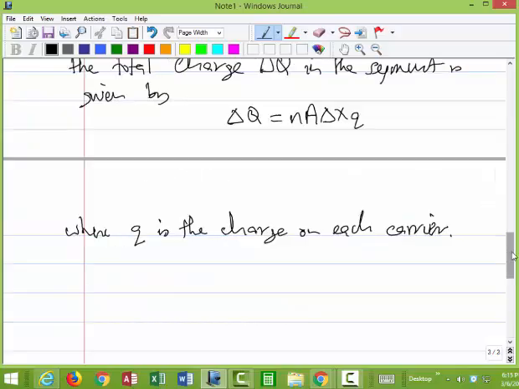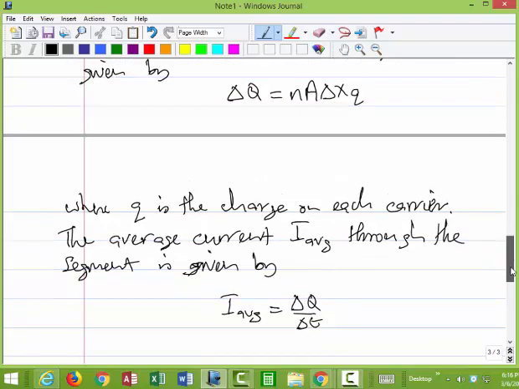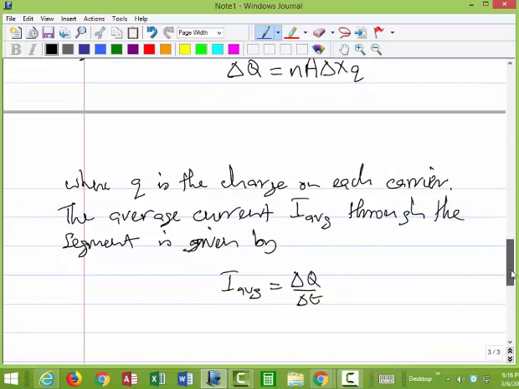The average current flowing through that segment is given by I average equals delta Q over delta T. We already know that the definition of average current is dQ/dt.